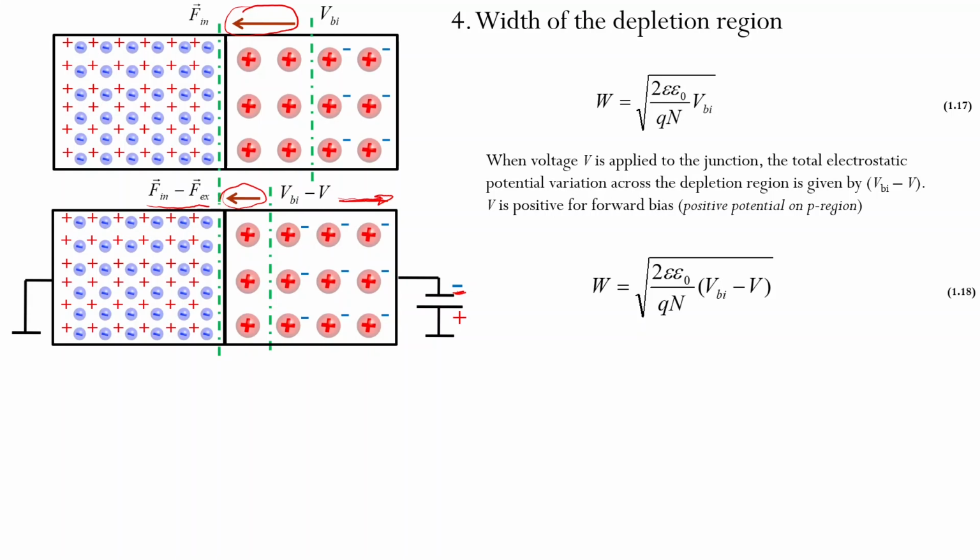Once we applied external electric field, which reduced internal electric field, now it's smaller, so we also need smaller space charge. Since the concentration of donors, like ionized donors, is fixed, how can we change the space charge? We can only change its width.